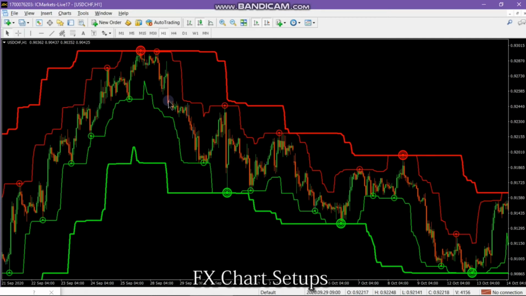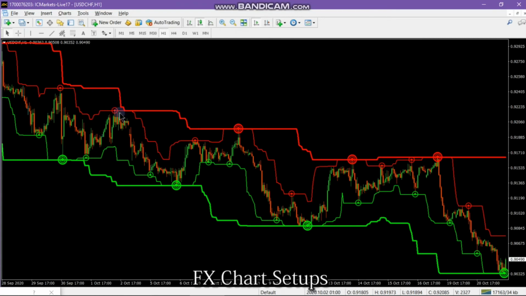It would just have been unnecessary to add the moving average here, so you can't see it. But what you can see are these two thin lines, which is a calculation that is one standard deviation away from the average of that moving average. So these thin lines are one standard deviation away from current price action, and these thicker lines are two standard deviations away from the current price action.